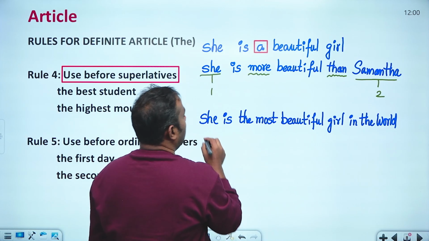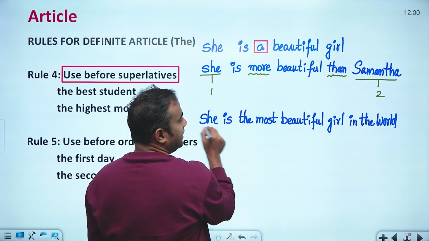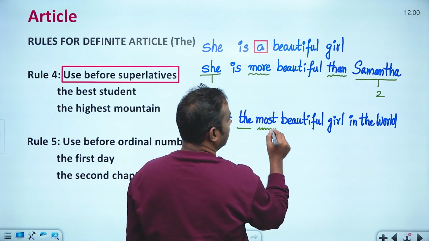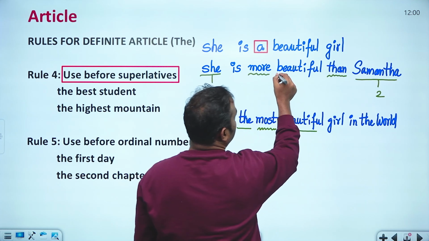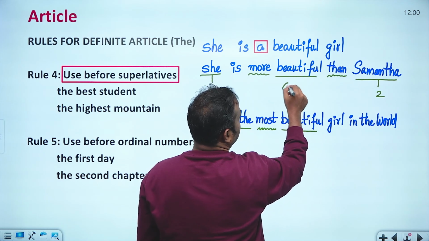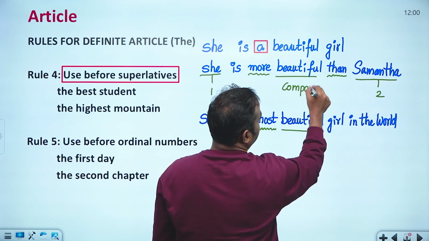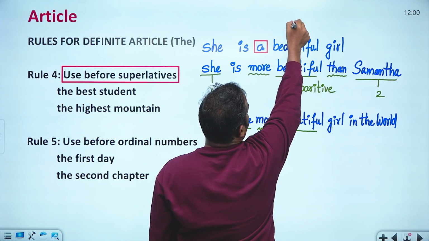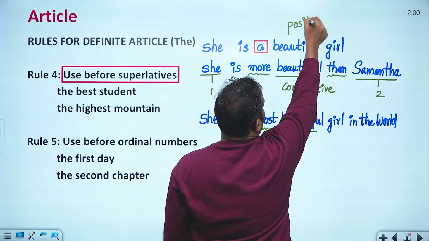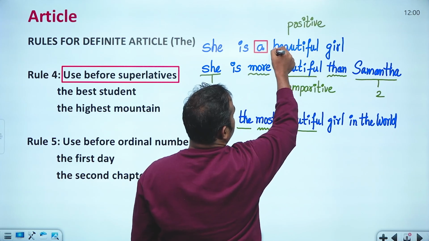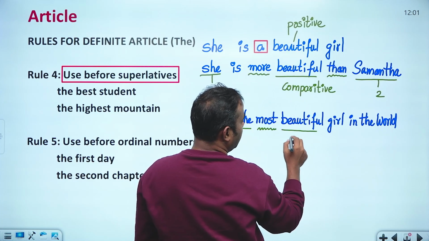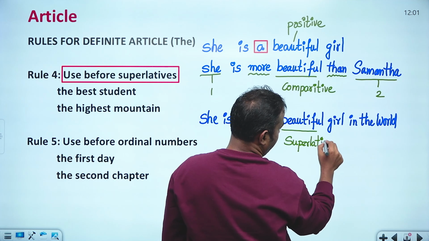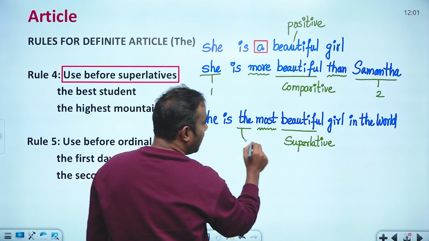Now in the third case, she is the most beautiful girl. Whenever you are using a superlative degree of adjective, this one is a comparative degree and this is a positive degree. Whenever you are using a superlative degree, always the article the must come.